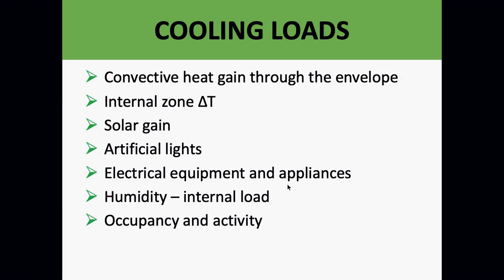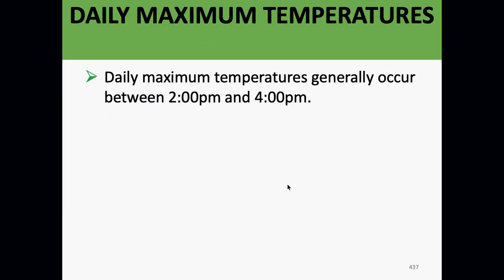Okay. All of this stuff is stuff that we look at. And matter of fact, your residential load spreadsheet is going to be taking a look at occupancy. Okay, we look at daily maximum temperatures, usually between 2 and 4 p.m. That is where we hit our daily maximum temperatures. I'm not saying always, but that seems to be the average.